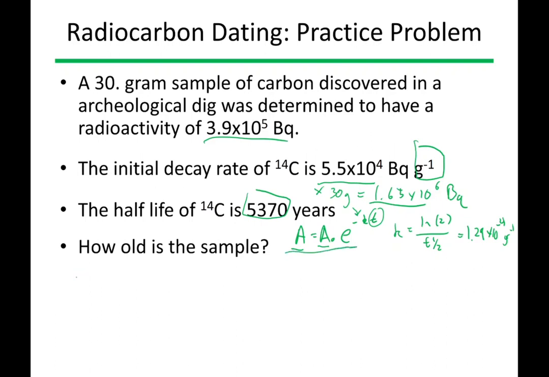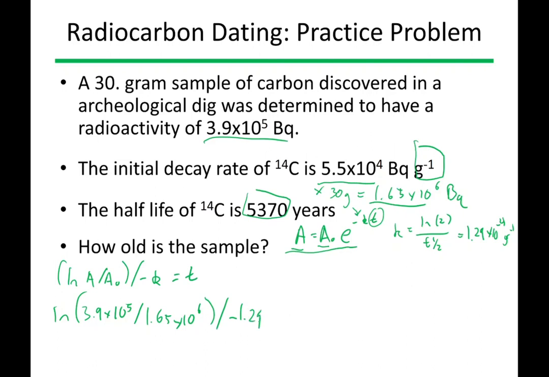So if we solve this for t, this gives us the natural log of A divided by A naught, all of that divided by negative k, is equal to t. And as we plug in the values, this is going to be the natural log of 3.9 times 10 to the fifth divided by 1.65 times 10 to the sixth, and all of this divided by negative 1.29 times 10 to the negative fourth.